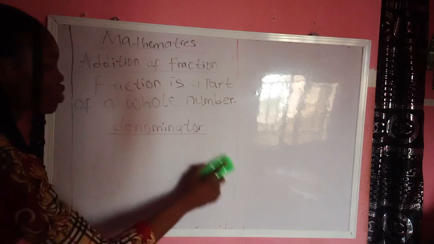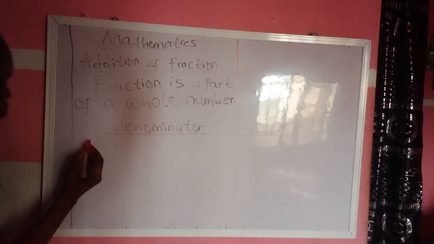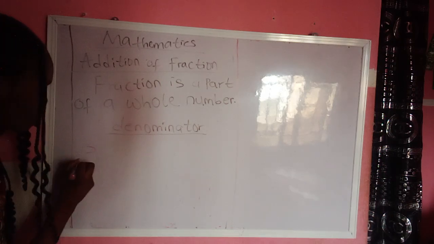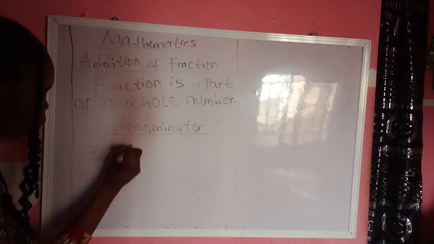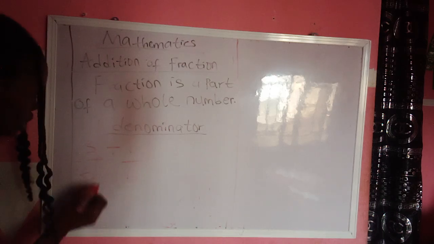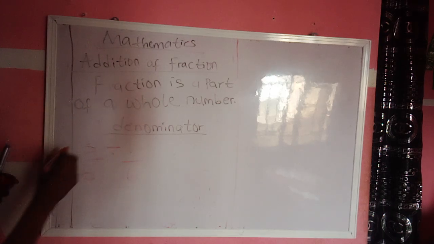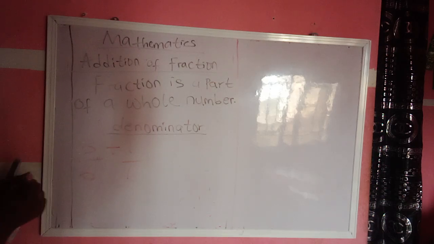So I want you to solve these ones and show your mom. Let's check if you are correct. We have 3 over 6 plus 1 over 6. Solve it and show your mom. Let her check if you get it.